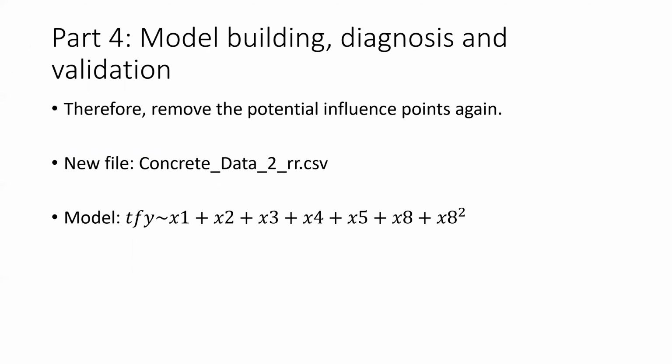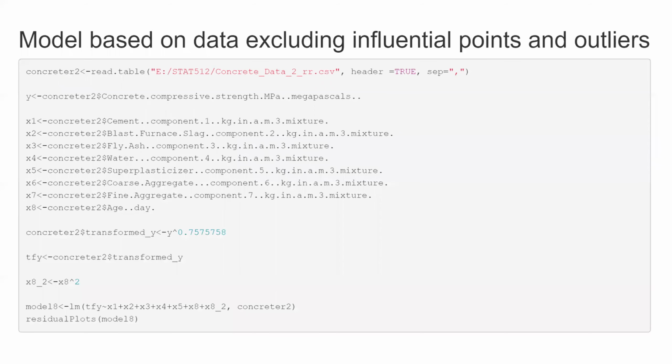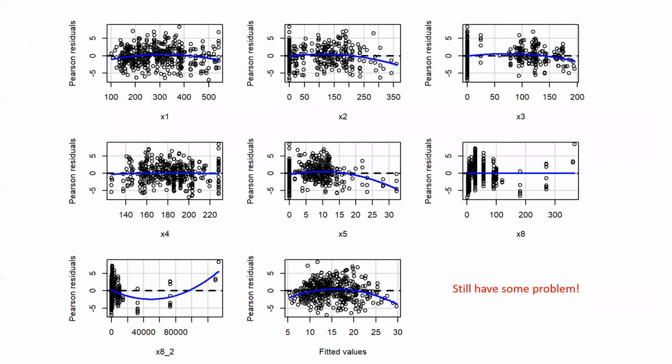So we remove the potential influential points again. So here is the new model based on data excluding influential points and outliers. The residual plots still have some problem.